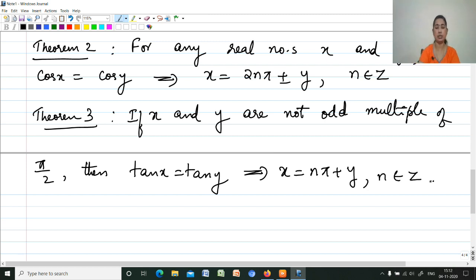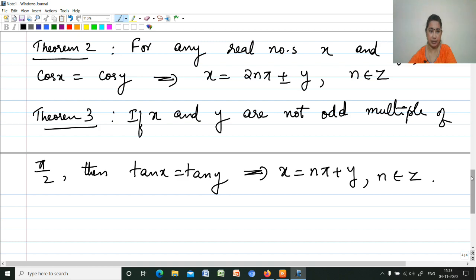Here we can see that if it is odd multiples of pi by 2, then tan becomes infinity. That's the reason why it is written that if x and y are not odd multiples of pi by 2, then tan x equal to tan y implies x equal to n pi plus y, where n is an element of z.